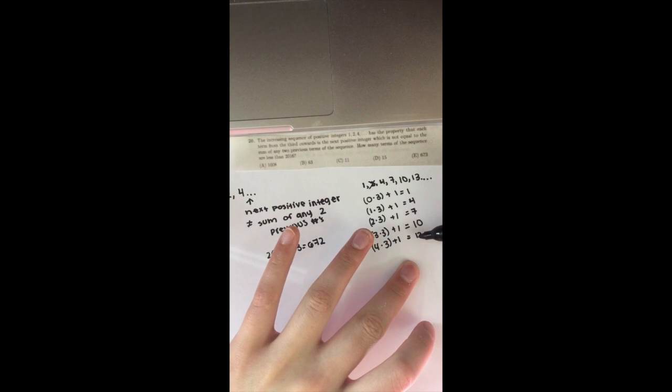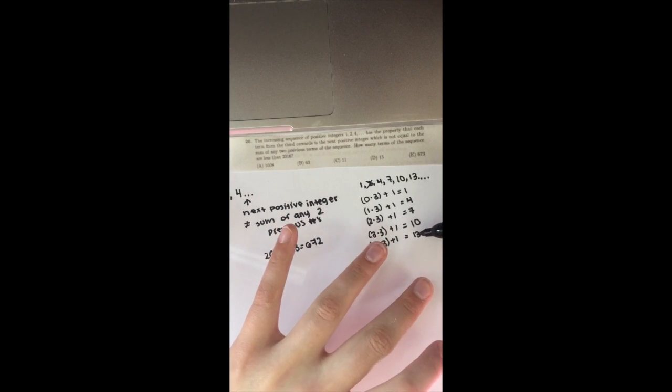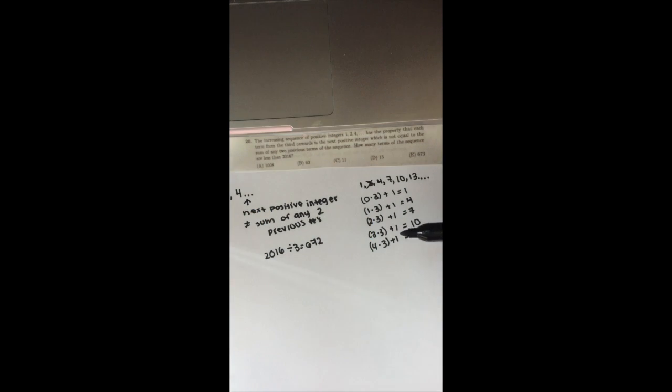Okay, because if you see here, 13 divided by 3 is about 4.